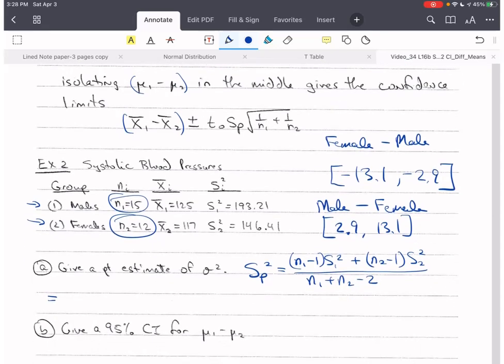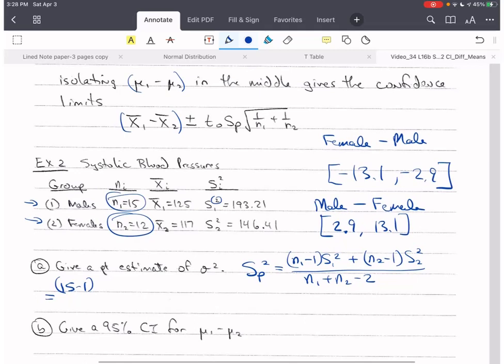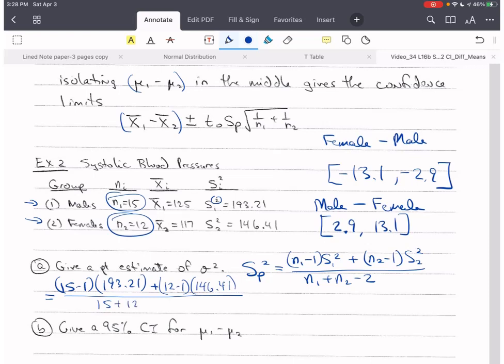So I need N1 minus 1, which is 15 minus 1, times S1 squared, and we're given the square here, so we're going to use 193.21, plus N2 minus 1, 12 minus 1, times S2 squared, 146.41, over 15 plus 12 minus 2.